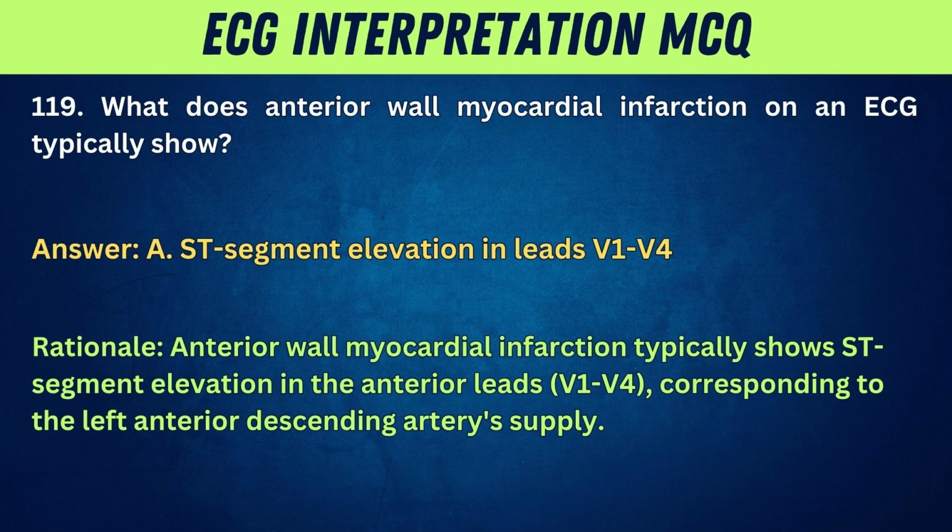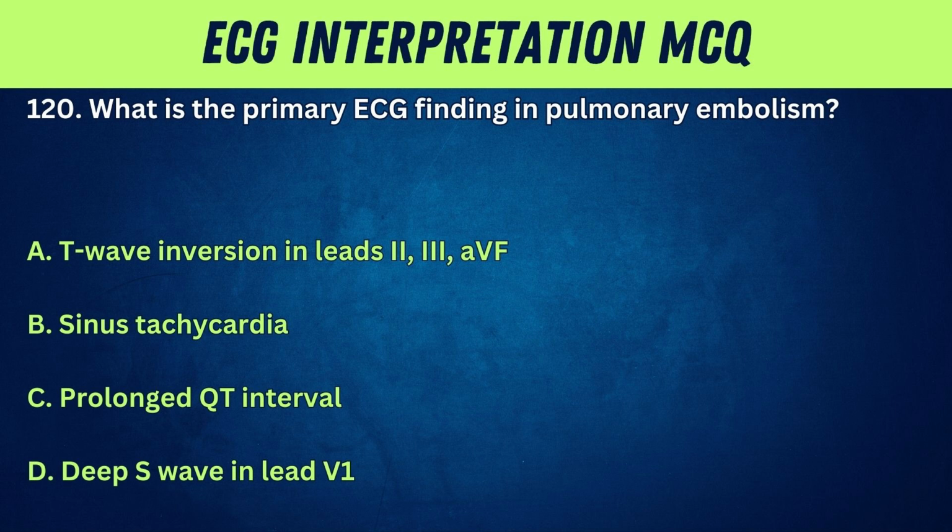Answer: A. ST segment elevation in leads V1-V4, rationale. Anterior wall myocardial infarction typically shows ST segment elevation in the anterior leads V1-V4, corresponding to the left anterior descending artery's supply.